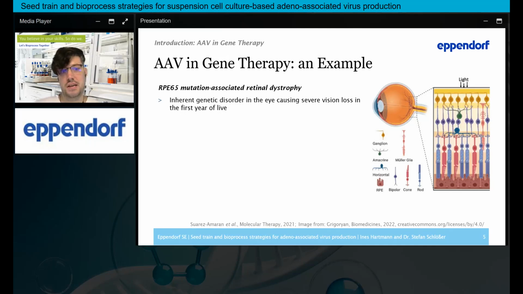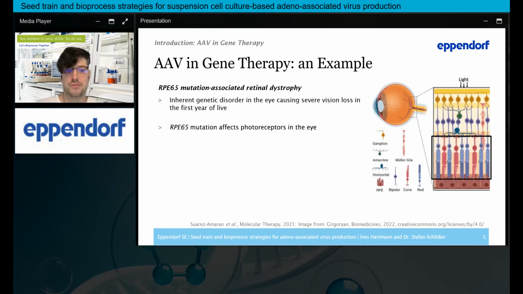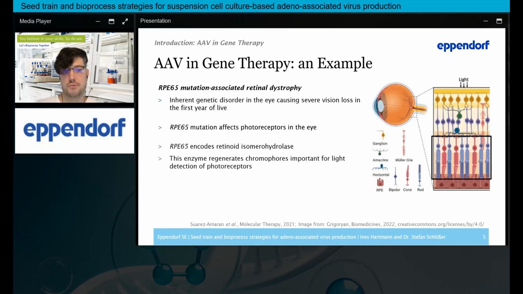This is an inherent genetic disorder in the eye that can cause severe vision loss within the first year of life. And the reason for this is a mutation in the RPE65 gene that affects photoreceptors in the eye. To get a bit more into detail, RPE65 encodes the enzyme retinoid isomerohydrolase.